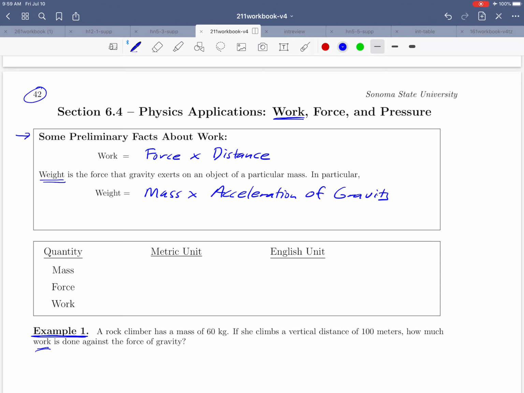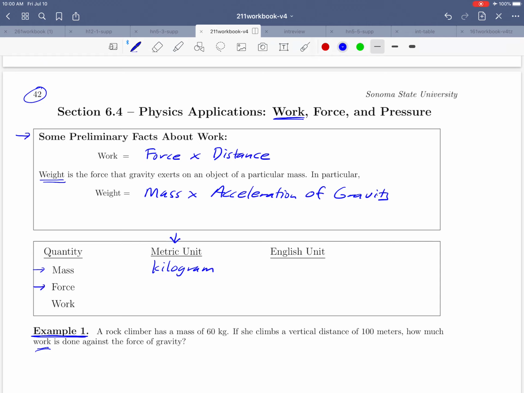Okay, these first two formulas, if you've ever taken a physics class, you probably have seen these in some form or another. Okay, then the next thing we'd like to talk about is what sorts of units do we measure these things in? Okay, and we'll start with metric units. Those are by far the most important ones. So how do we measure mass in metric units? Well, there are different ways, but one unit would be a kilogram. Okay, you could also do it in grams or other units, but kilograms may be kind of the standard unit for mass.